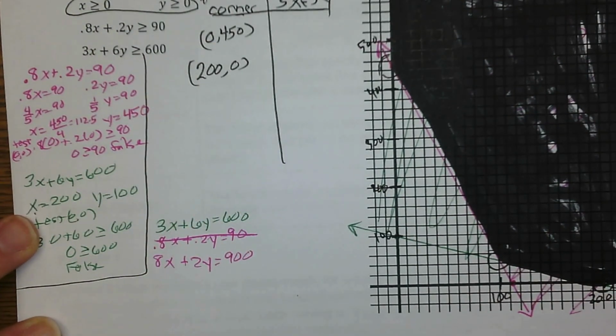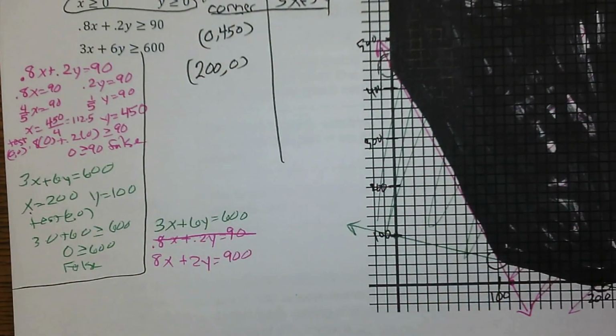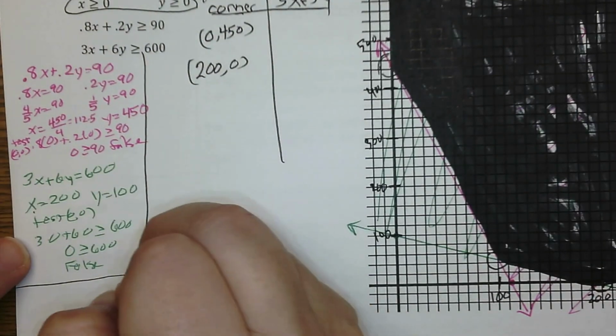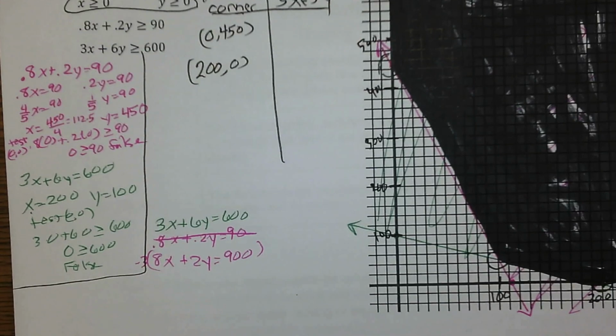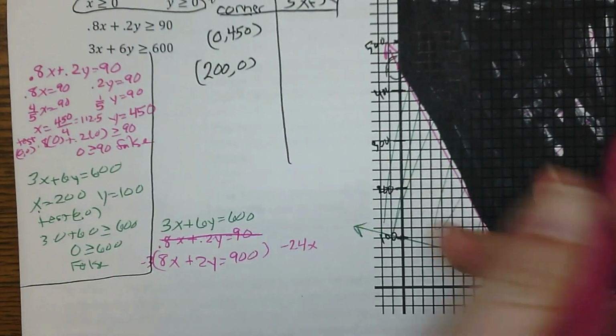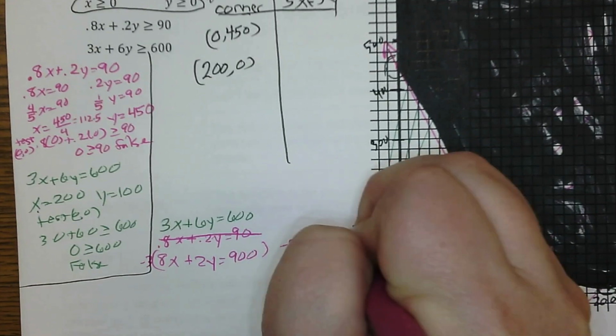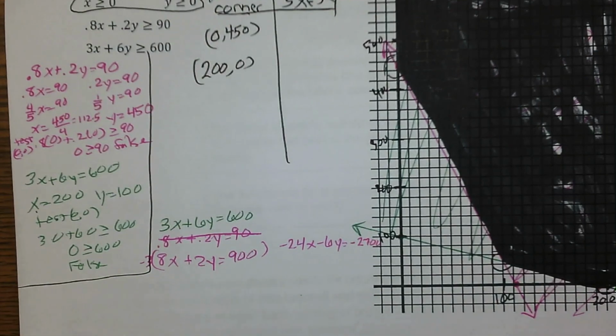That feels a little bit better to me. Now we have a 3 and an 8, or a 6 and a 2. So I'm going to multiply the bottom equation by negative 3. That'll give us negative 24x minus 6y equals negative 2700.